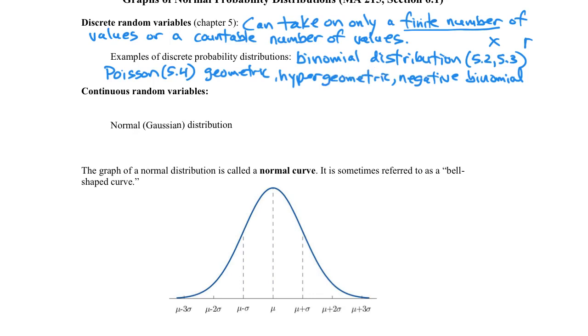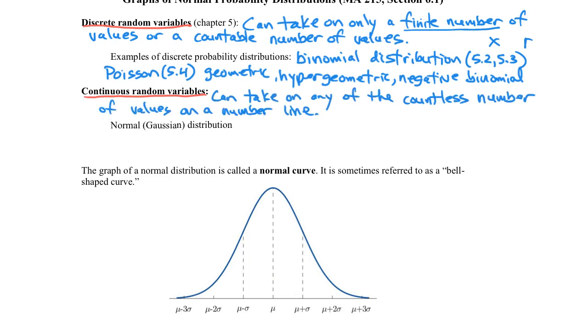But now we're switching. So before we were working with these discrete random variables, now we're going to move on to continuous random variables. And for us, this will be more important just because there's a lot more applications for these. So from chapter 6 and on, we pretty much only study continuous random variables. So if you remember, a continuous random variable can take on any of the countless number of values on a number line. So some of the examples we looked at to talk about continuous as opposed to discrete.